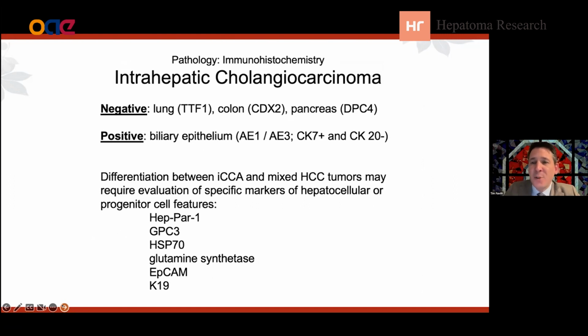So you'll see a negative IHC panel for these markers, and then a positive panel for things that would be suggestive of biliary epithelium. And frequently it'll come back with a diagnosis of adenocarcinoma, highly suspicious of a hepatopancreaticobiliary primary.